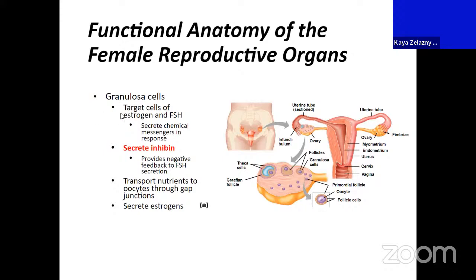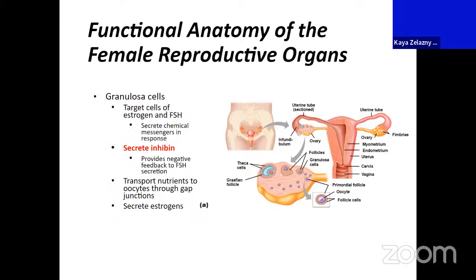They're going to respond to this estrogen and FSH and secrete some of their own chemical messengers in turn. One thing they can make is something called inhibin. We saw inhibin as well when we were looking at the Sertoli cells. This is a negative feedback response, looping back and turning off the FSH secretion at a certain point.